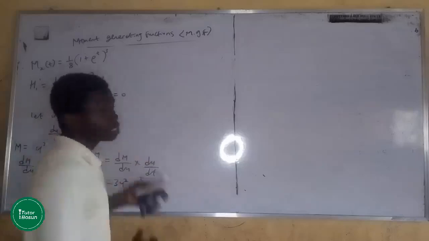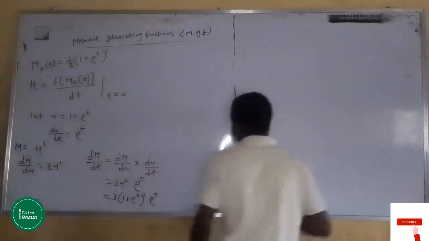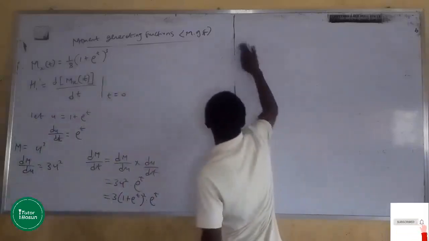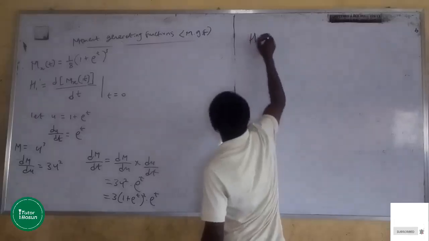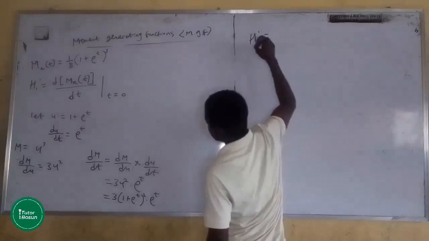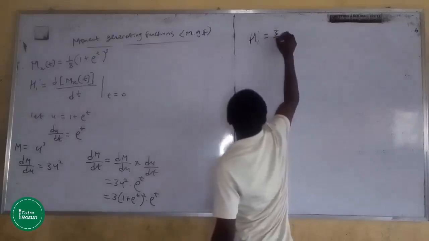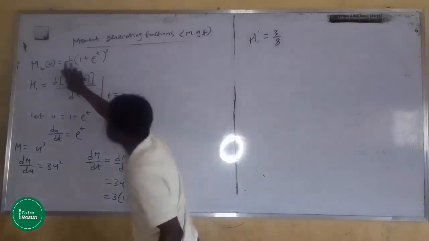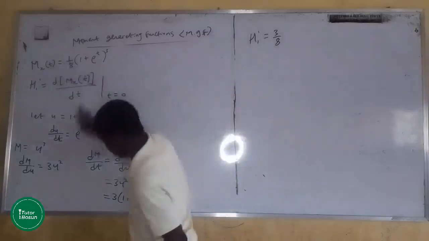So we can now calculate our first moment. Our first moment, which is v1 prime, is now going to be 3 over 8. Don't forget, we brought out 1 over 8, and we have 3 here.